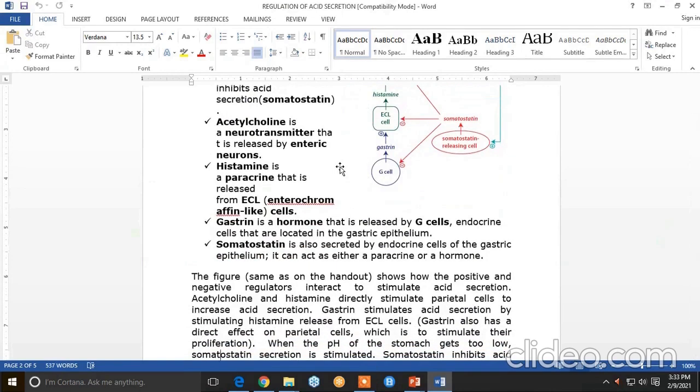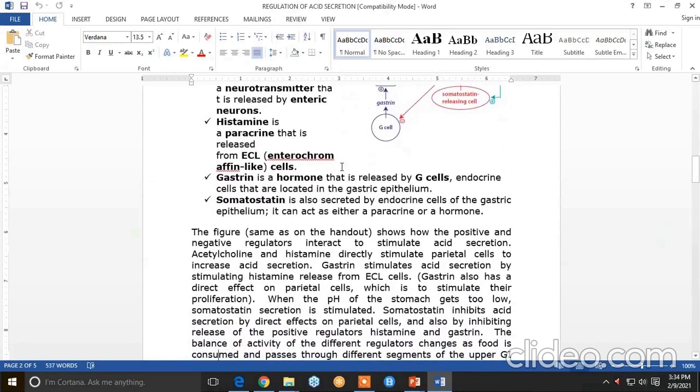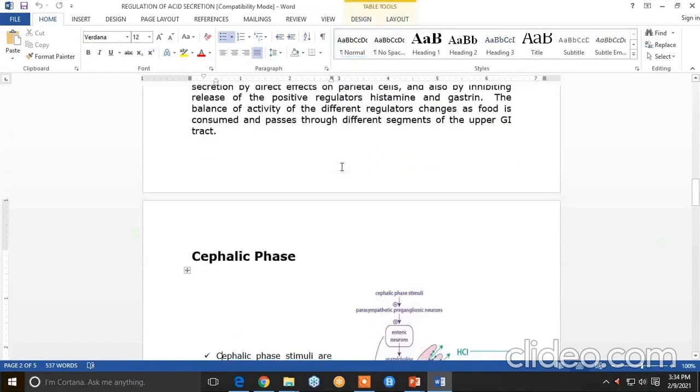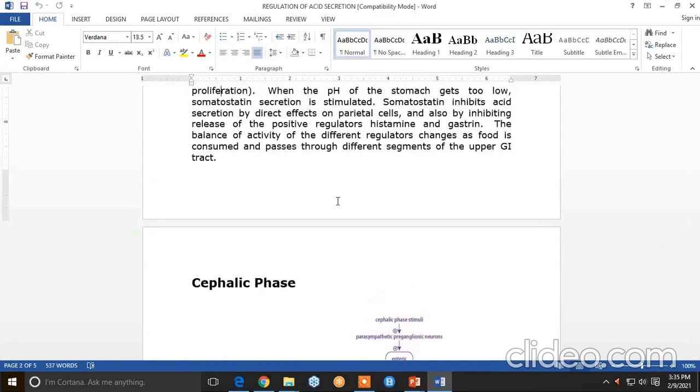Acetylcholine and histamine directly stimulate parietal cells to increase acid secretion. Gastrin stimulates acid secretion by stimulating histamine release from the enterochromaffin cell. When the pH of the stomach gets too low, somatostatin secretion is stimulated. Somatostatin inhibits acid secretion by a direct effect on parietal cells and also by inhibiting release of the positive regulators histamine and gastrin.